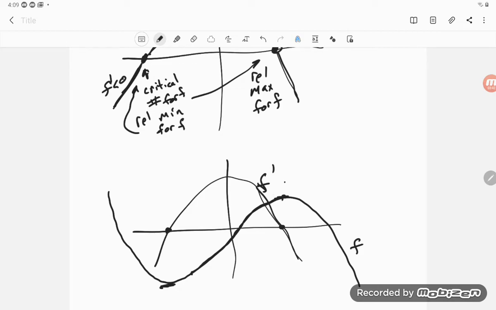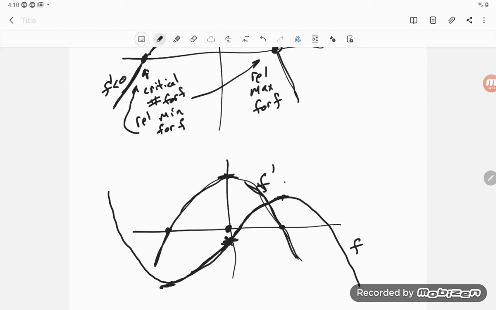And now f double prime, again, is just the derivative of this function. So if I know how to draw derivatives of functions, I should be able to do it. I'll get a critical number somewhere around here, so f double prime will be 0 there. And if you look at how I drew this, I did pretty well. If f double prime is 0, I should have an inflection point on f, and I do.